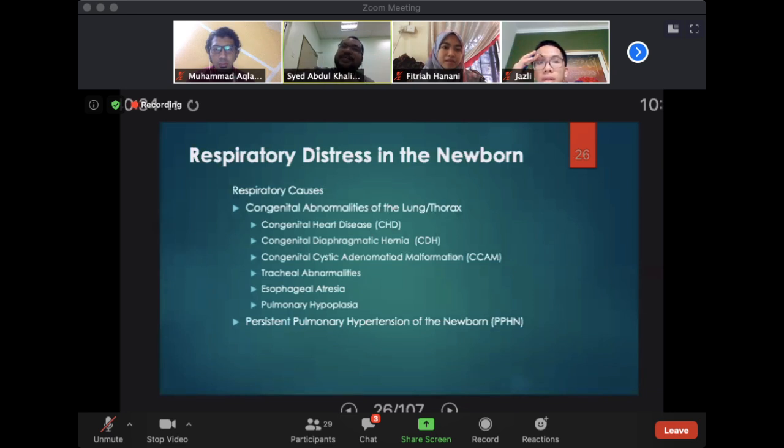This deoxygenated blood from the pulmonary artery, before reaching the lung, goes through the duct into the aorta. See? That is why the postductal SpO2 will be lower. The preductal is okay because it doesn't get the deoxygenated blood, it gets highly oxygenated blood. It would be good if I could draw.